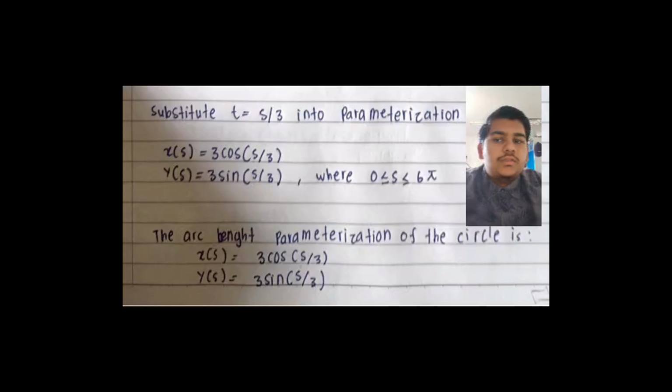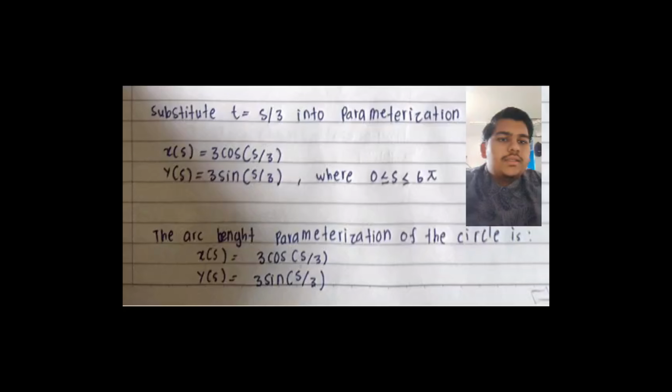Step 3 is we need to solve for t. t equals s over 3. To find the final answer, we need to substitute t equals s over 3 into the parameterization. So we get x(s) = 3 cos(s/3), y(s) = 3 sin(s/3), where 0 ≤ s ≤ 6π.